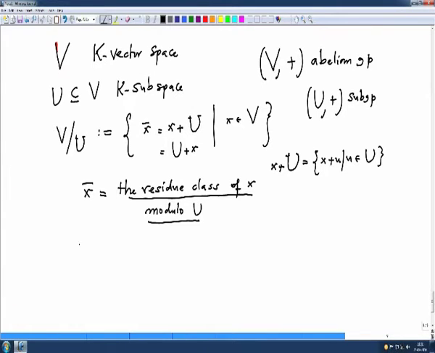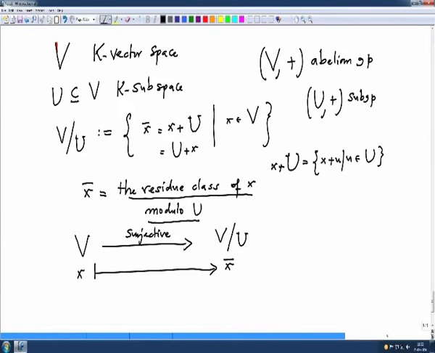Okay, now what is the map V to V/U? This is the quotient map. Any x here goes to x bar. The fibers of this map are precisely the cosets, and this map is surjective, that is clear.